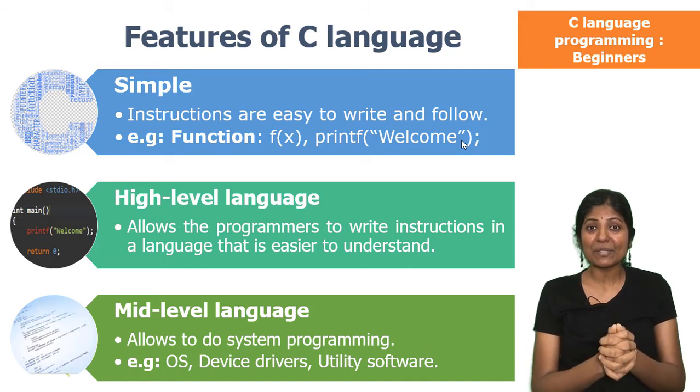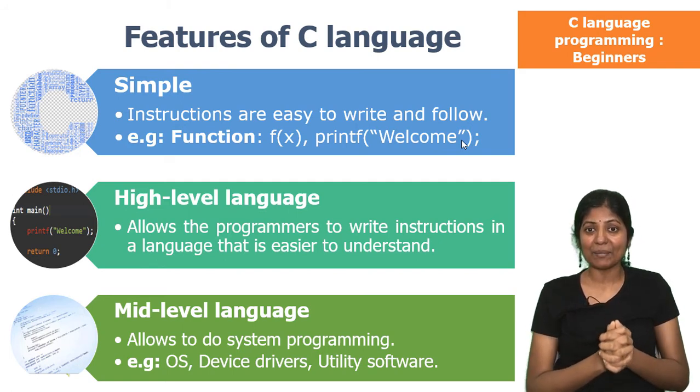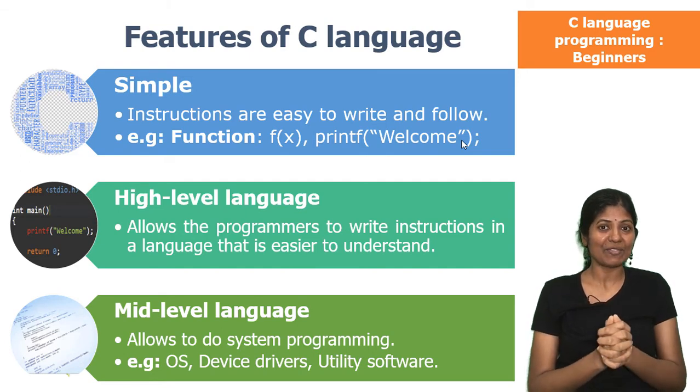Examples of system softwares include operating system like Windows, Unix, Mac OS, device drivers like printer driver, utility softwares like antivirus softwares, backup softwares, etc. All these are the examples of system software. So, using C language, we will develop any kind of system software.